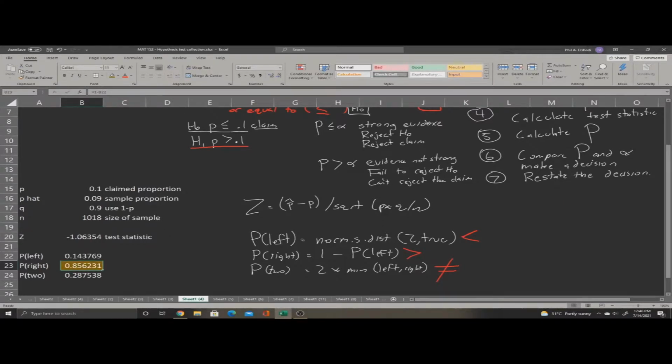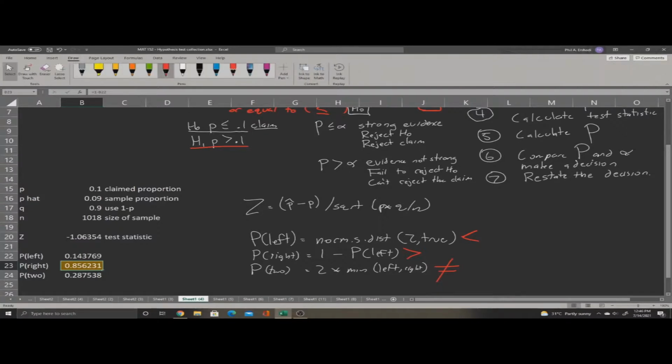Now, for step 6, let's compare our big P against our alpha. Now, our big P was 0.856. Our alpha was 0.1. Therefore, we can say our big P is much higher than our alpha. Now, when big P is greater than alpha, that means we don't have strong evidence.